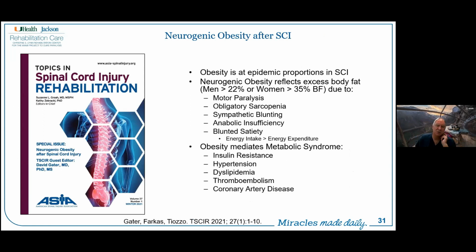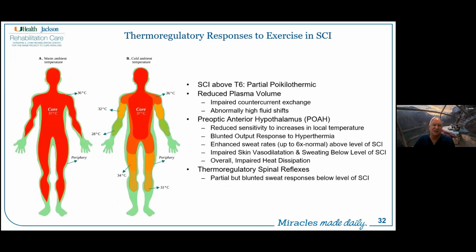And then we mentioned the blunted satiety that basically causes most folks to take in more energy than they're expending. And we know that obesity, increased adiposity, mediates the metabolic syndrome. We'll be having discussions on that and talking about insulin resistance, hypertension, dyslipidemia, thromboembolism, and coronary artery disease that are associated with increased adiposity.